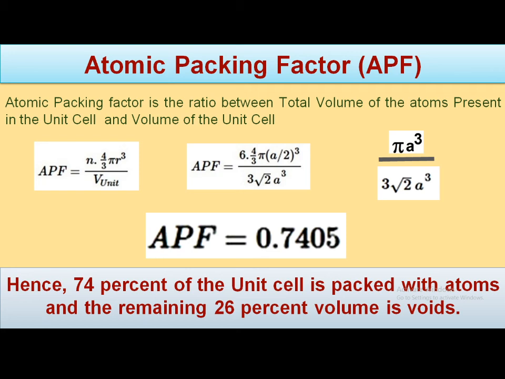You can substitute N as 6, times 4 by 3 pi, R value also substituted as a by 2 whole cube, divided by 3 root 2 a cube. Then it becomes pi a cube divided by 3 root 2 a cube. A cube gets cancelled, so pi by 3 root 2 becomes 0.7405, which means 74% of the unit cell is packed with atoms and the remaining 26% volume is voids.